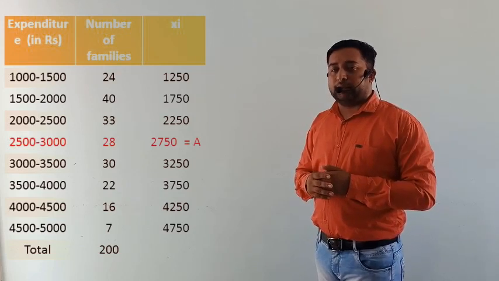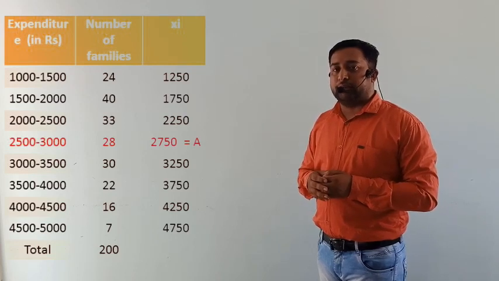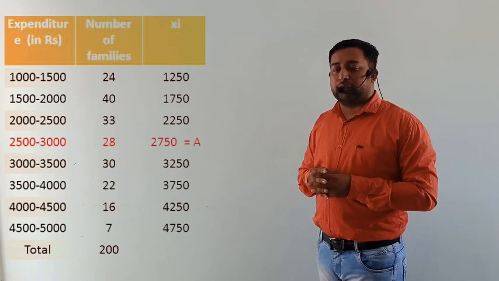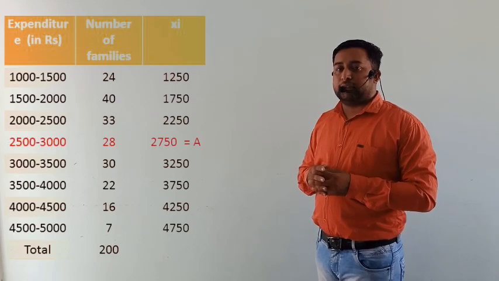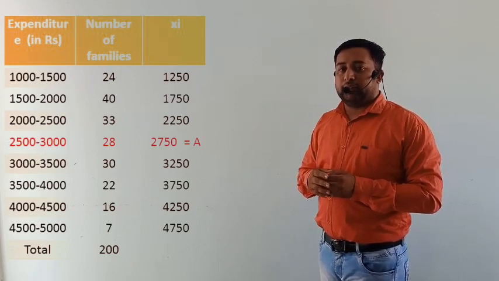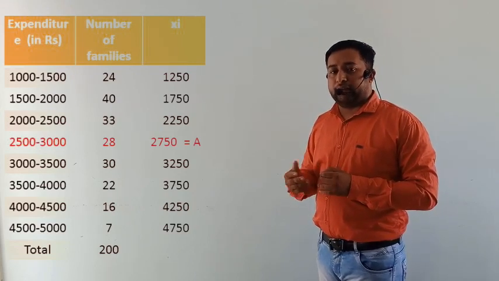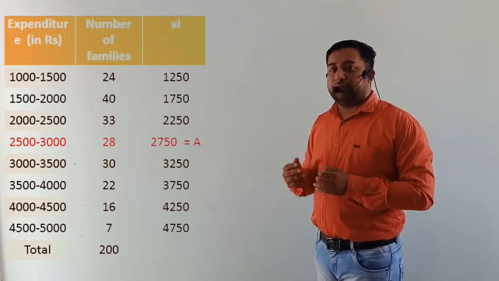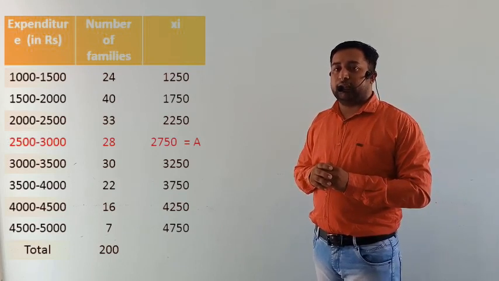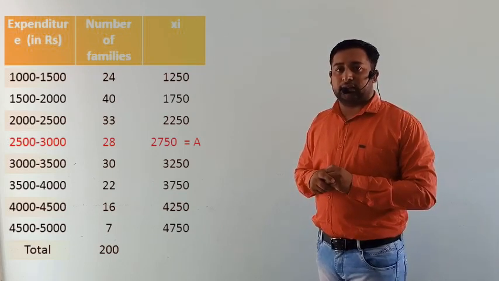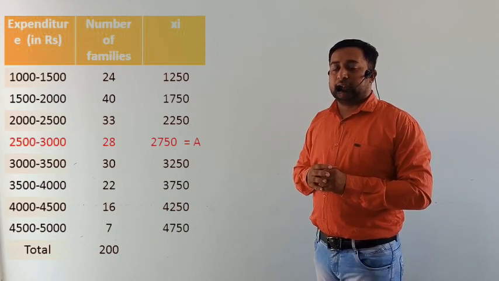In the first one, 1000 to 1500, 1000 plus 1500 divided by 2 will give you 1250. 1250, adding 500, 1750, adding 500, 2250, adding 500, 2750, adding 500, 3250, adding 500, 3750, adding 500, 4250, adding 500, you will get 4750. So these are all the midpoints of each class.